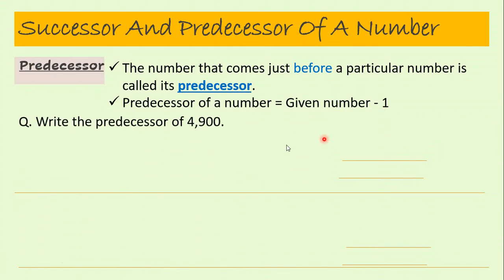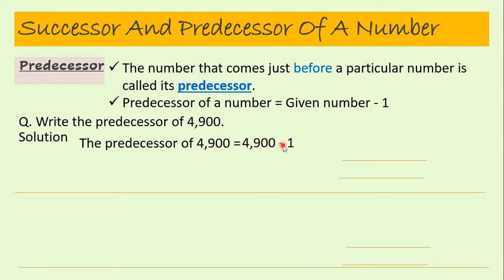Okay, let's take a question. Write the predecessor of 4900. Okay, solution. The predecessor of 4900 equals to the given number. What is the number that has given to you? 4900. So 4900 less 1. Okay.